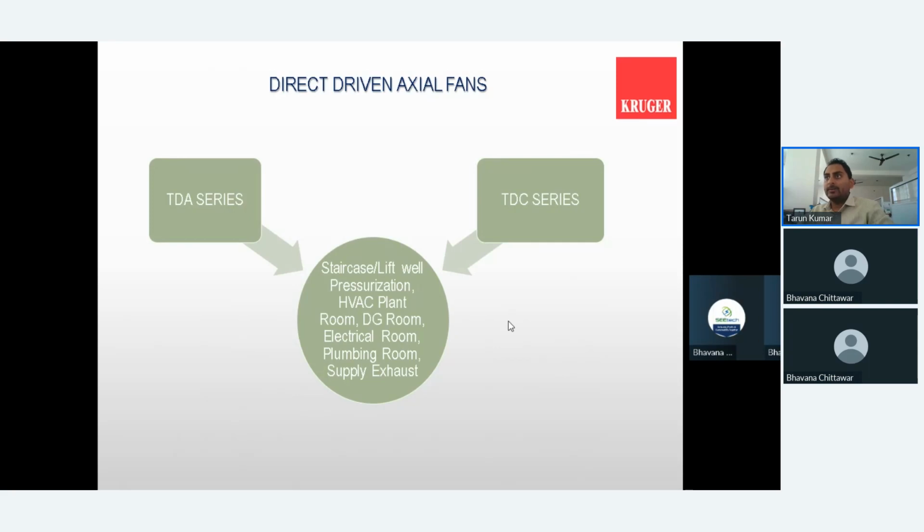We also recommend not using a class H motor for pressurization application, since there is a high chance that fume from your staircase can come back into the motor path. So always go with the class F motor, because you are always pumping the air inside the system.